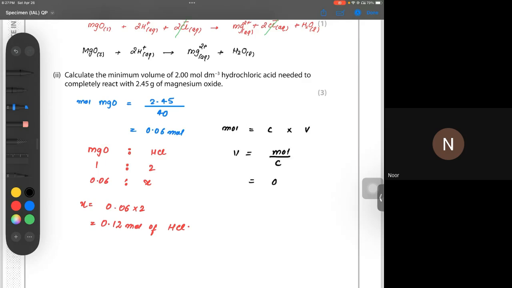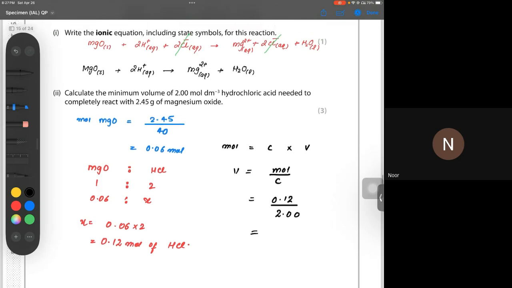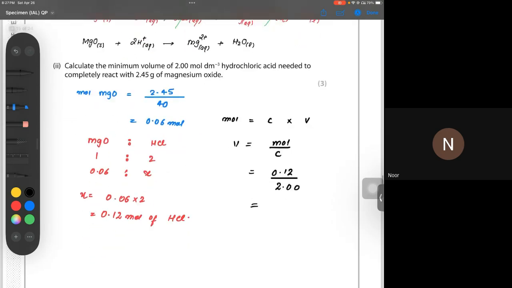Mole is 0.12, divided by the concentration, that is 2. So the answer would be, what's the answer? 0.06 decimeter cube.